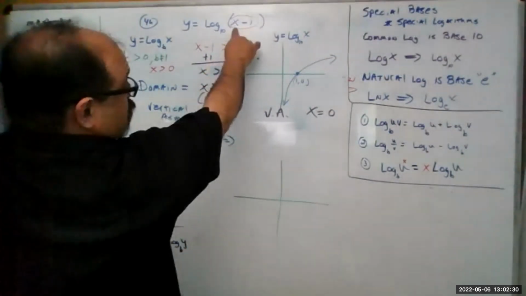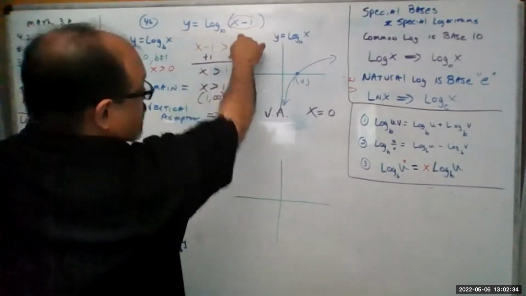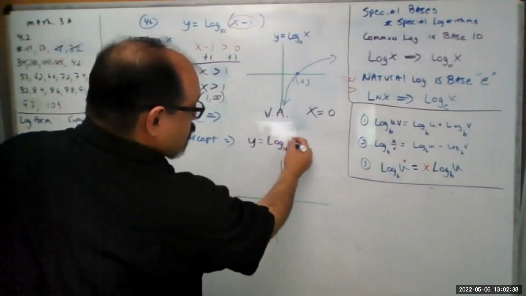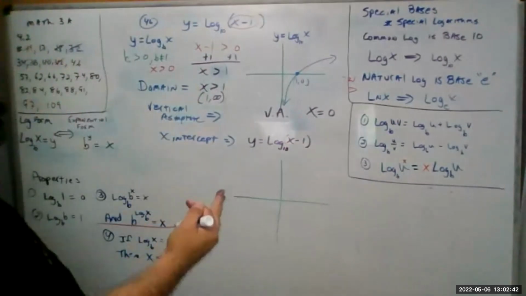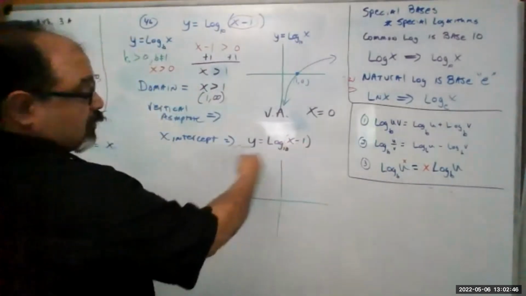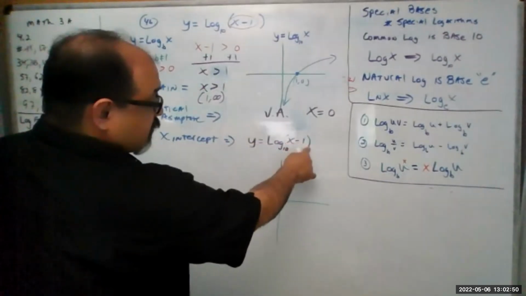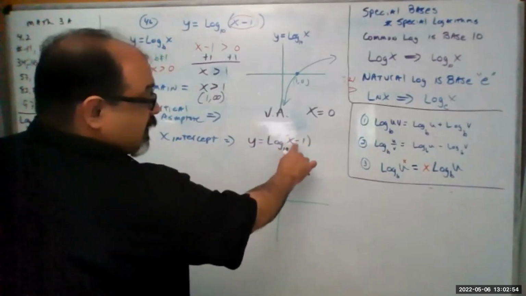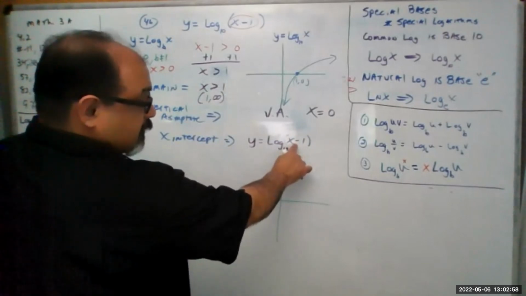So if you take y equals log base 10 of x minus 1, remember what we did back in chapter 1. If you mess with x, you're moving the graph left and right. It's a horizontal shift. And because it's in the parentheses with x, that's a built-in negative every single time.